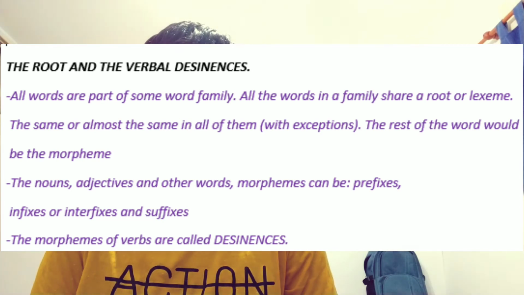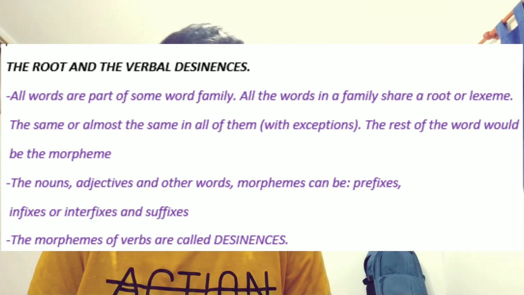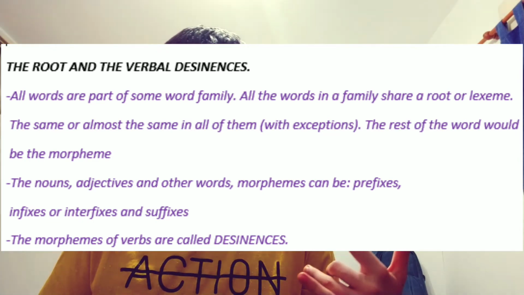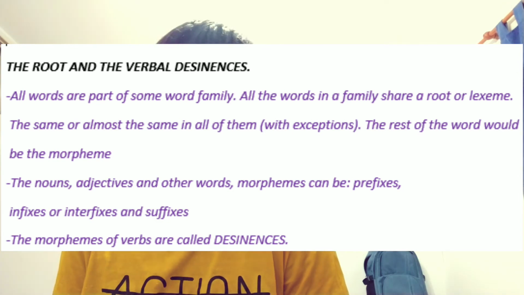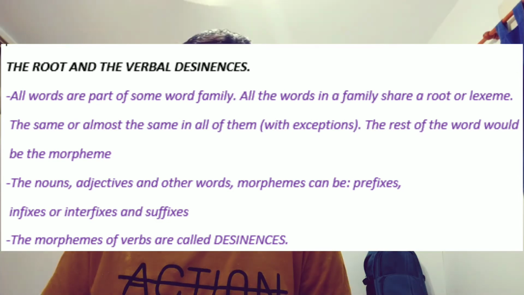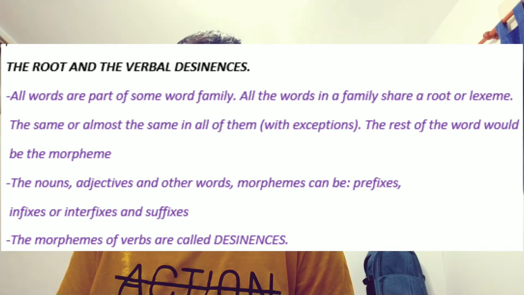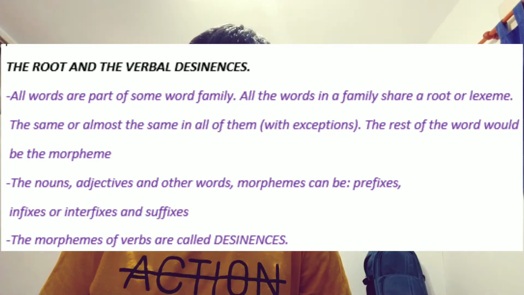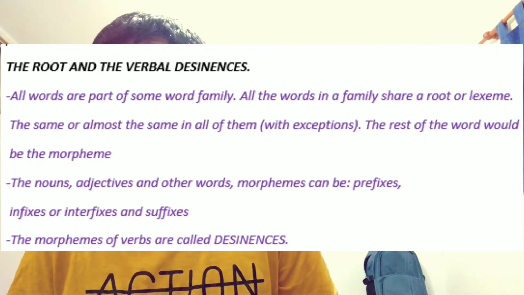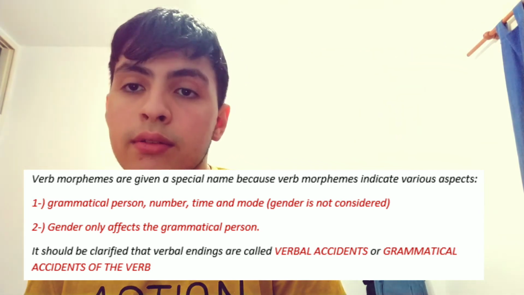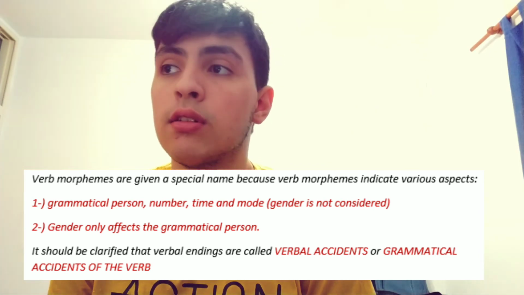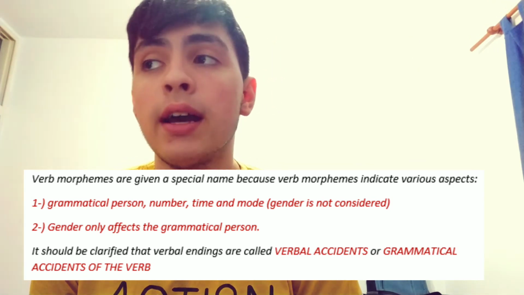In nouns, adjectives and other word classes, morphemes can be prefixes, infixes, interfixes and suffixes. However, the morphemes of verbs are called desinences. Verb morphemes are given a special name because they indicate various aspects: grammatical person, number, time, and mode.